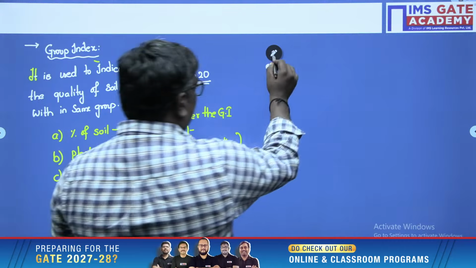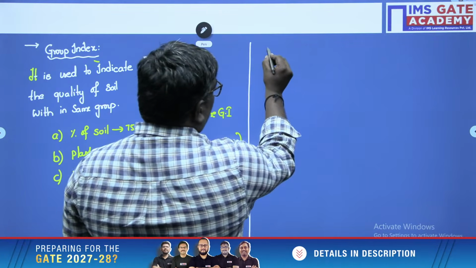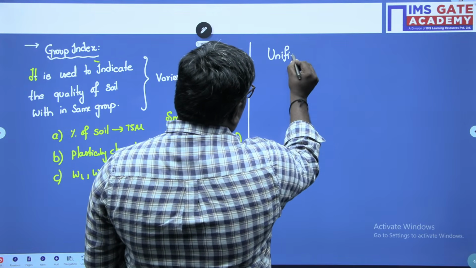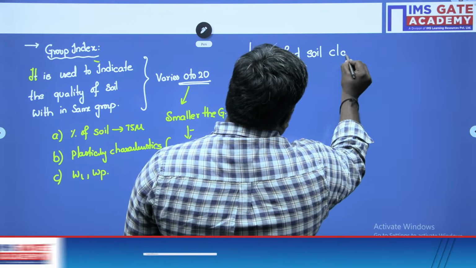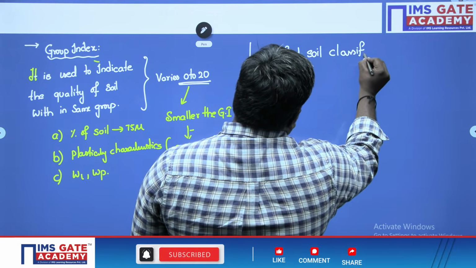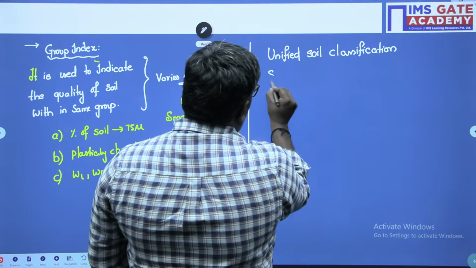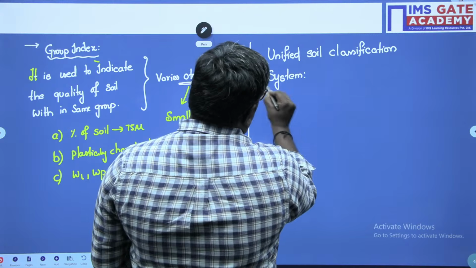So now, my dear students, there are some soil classification systems. First we have the Unified Soil Classification System. What is the Unified Soil Classification System?